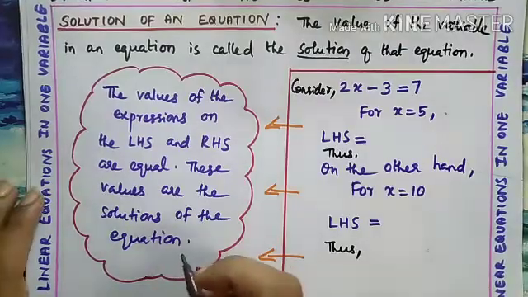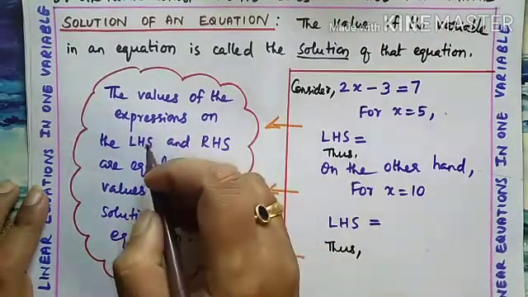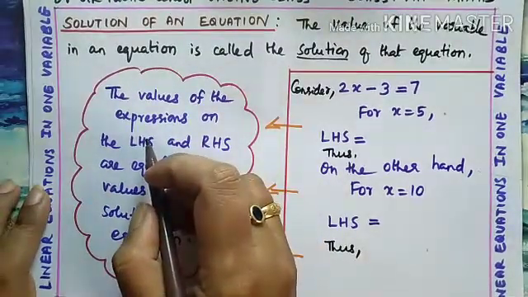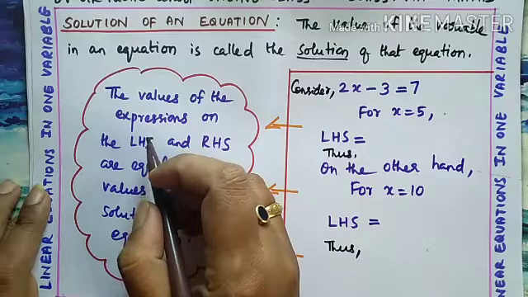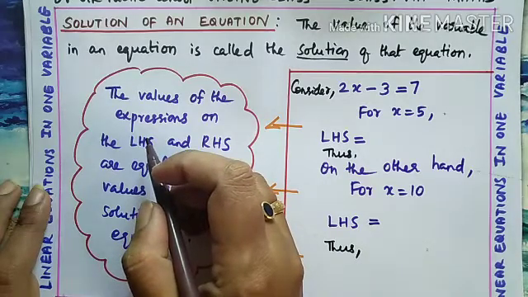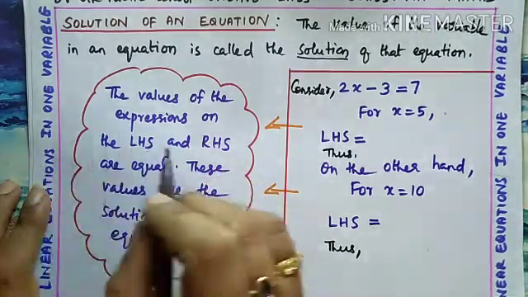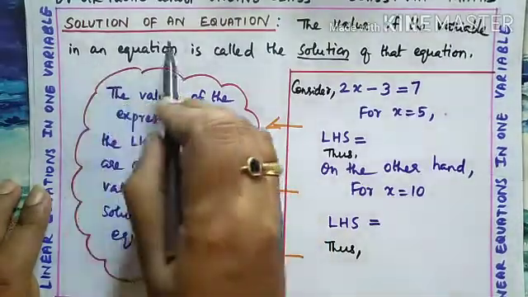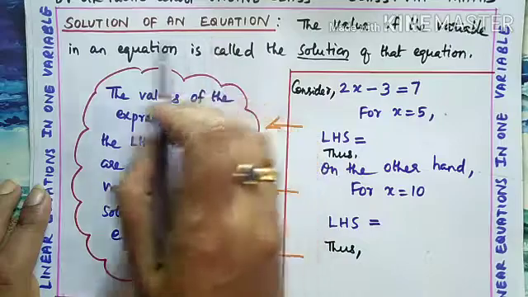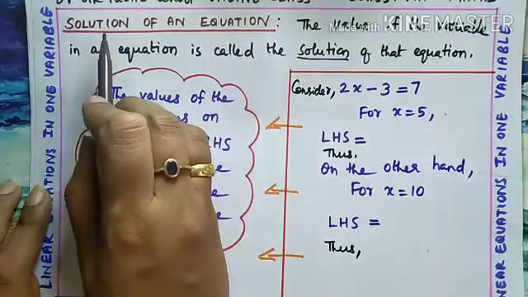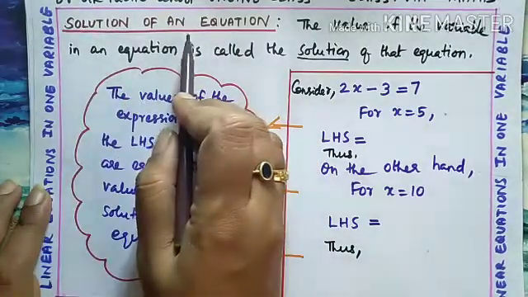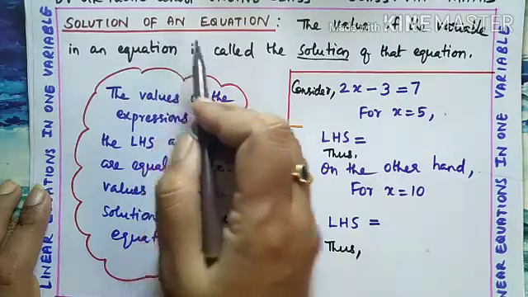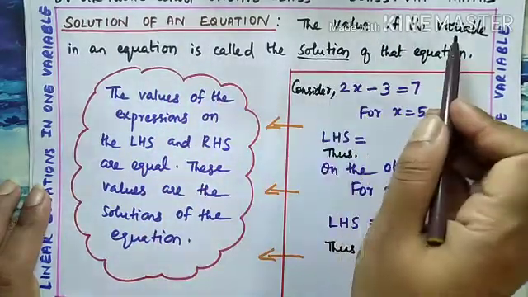Now children, the important topic, the next section of your lesson. That is, after understanding what you mean by a linear equation, we are coming to the solution of an equation. Okay, so what do you mean by solution of an equation? We can see the value of the variable.